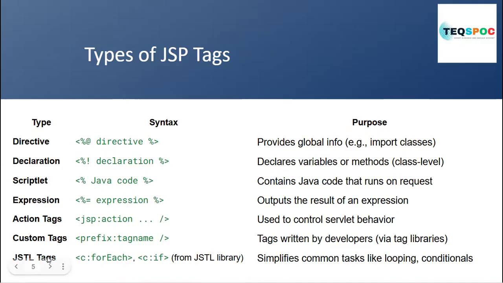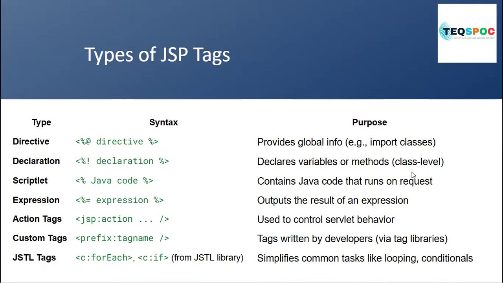Then we have the declaration tag. The declaration tag is used to declare variables or methods in the class.